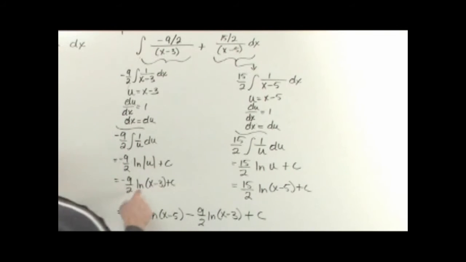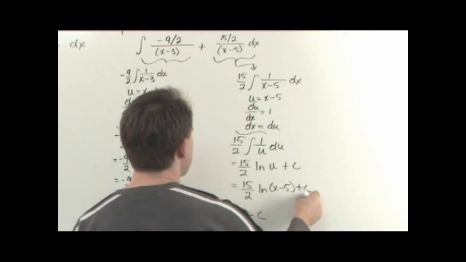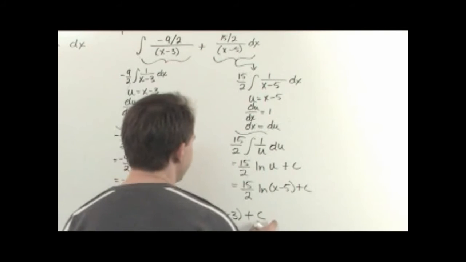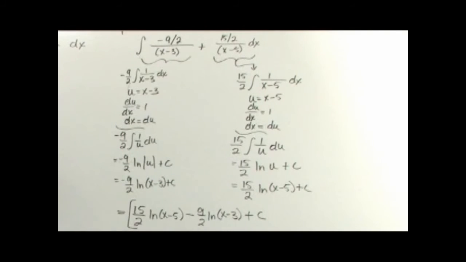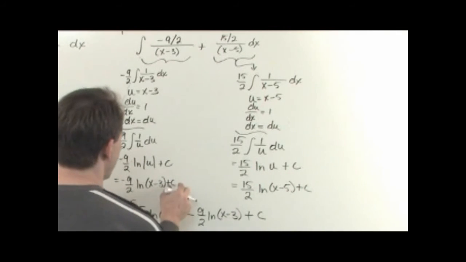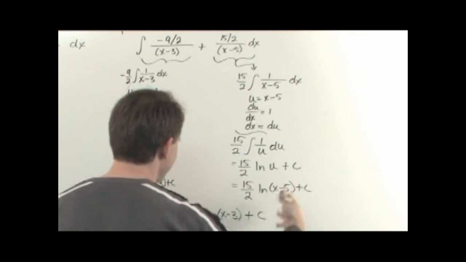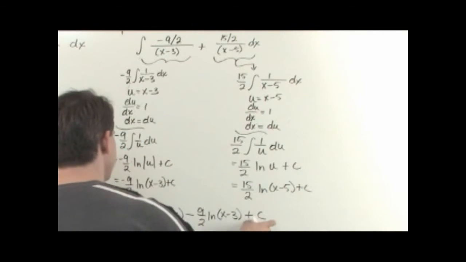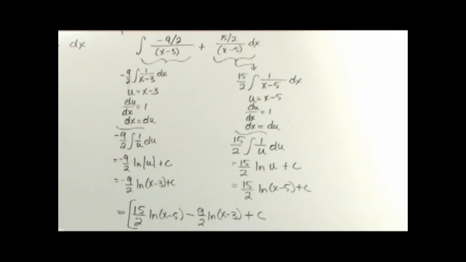Now notice that when I did this little bitty integral here, I had a constant, and when I did this little bitty integral here, I had a constant. When I wrote my final answer down, I just have one constant. Well, it's an arbitrary constant, so one little constant plus one more little constant is just one constant. So when you write that all together, you only have to put one constant in there. So 15 halves natural log of x minus 5 minus 9 halves natural log of x minus 3.